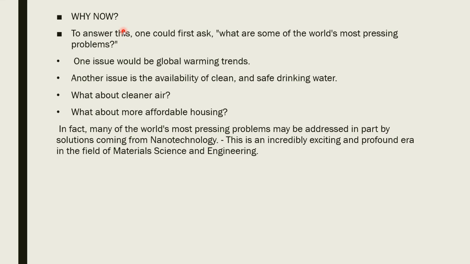Material science and engineering is focusing on the era of nanotechnology and the materials being used, and how the material can be most efficiently and significantly used by involving the nanomaterial in it. So it is a profound and incredibly exciting area.